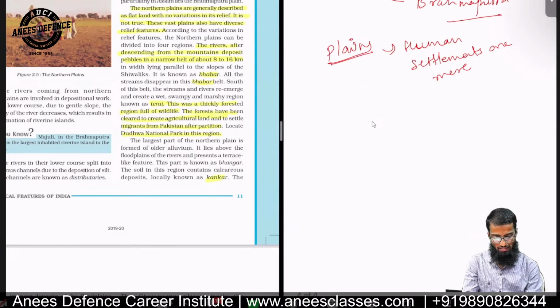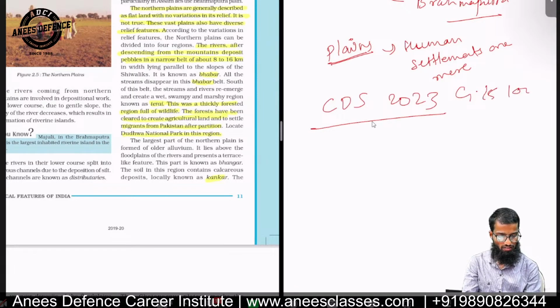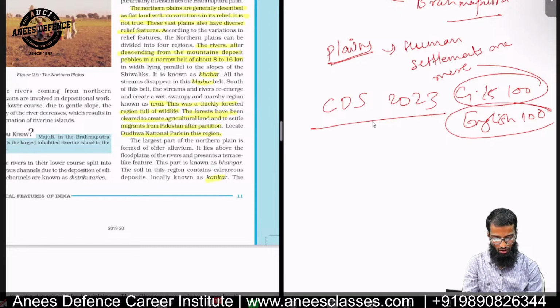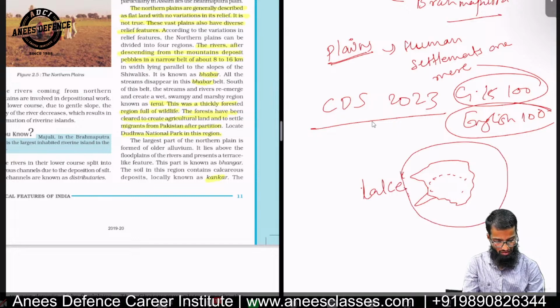Last year, CDS 2023, GK was for 100 marks and English was for 100 marks. They had asked one question: along the lake, this is how a lake looks, right? So along the lake, what kind of human settlements do you have? You have circular settlements because people tend to build houses around the lake.